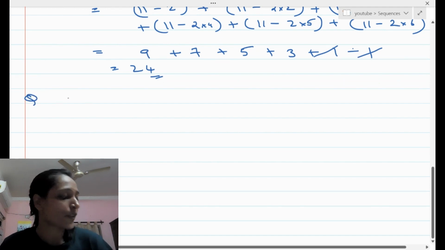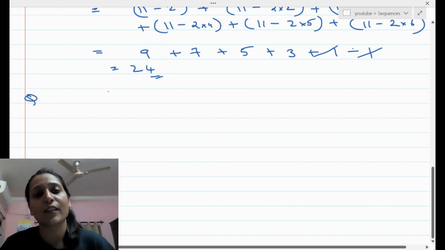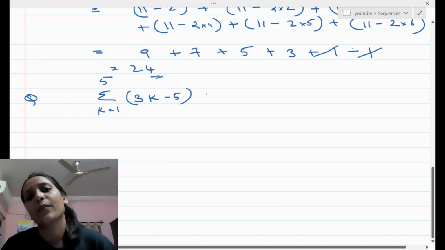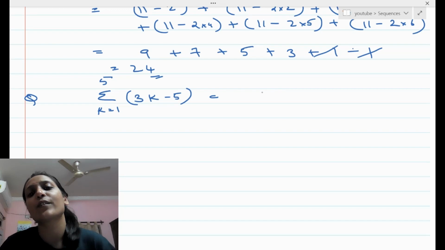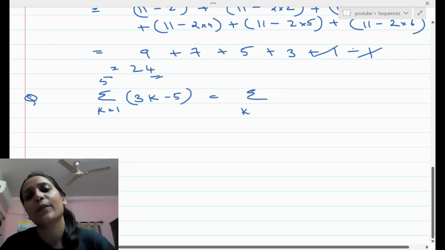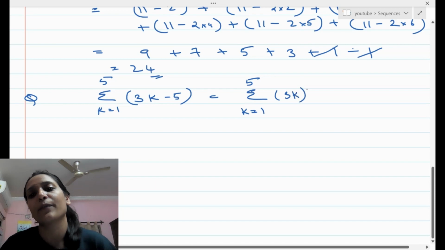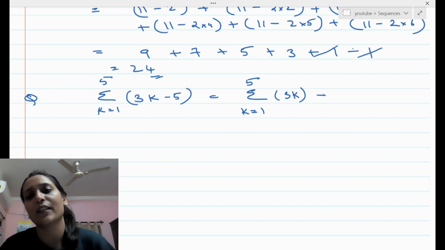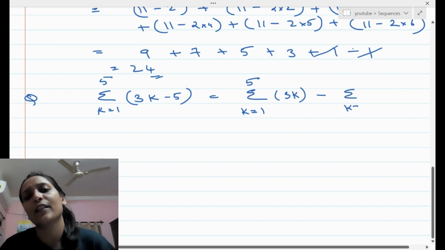Let's take another question now. The next question is sigma k equal to 1 to 5, 3k minus 5. In the previous one, I didn't use the properties; in this question, I'm going to use them. So I'm going to write this as k equal to 1 to 5. First, I'm going to separate out my terms. I can write it as sigma of 3k minus sigma k equal to 1 to 5 of 5. Now I can take the 3 outside as well.